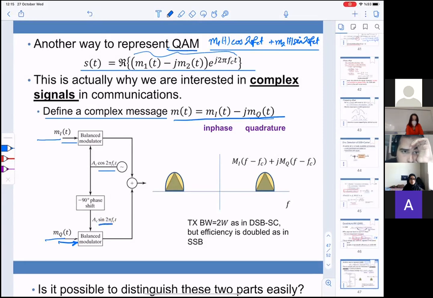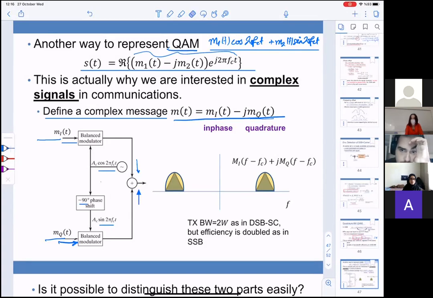And we have a sine mixing with the quadrature branch. Of course, we need to generate the cosine only once. We can use a negative 90 degrees phase shift to obtain the sine. And then the two branches are added together to form the signal to be transmitted.